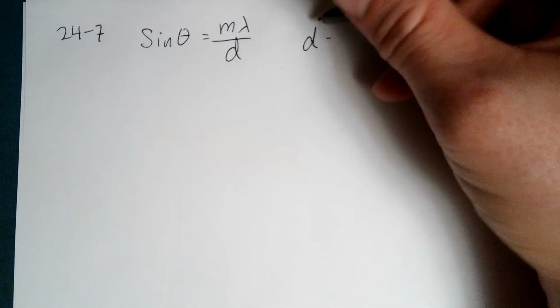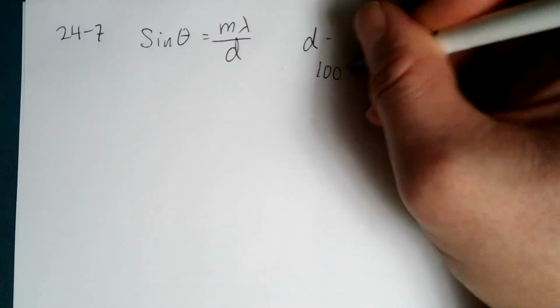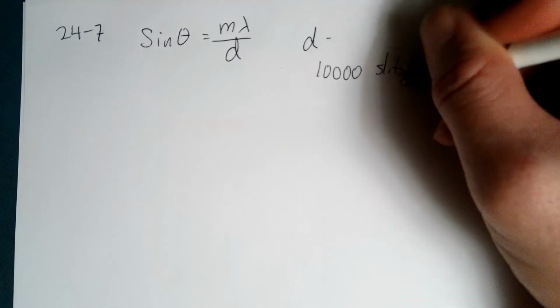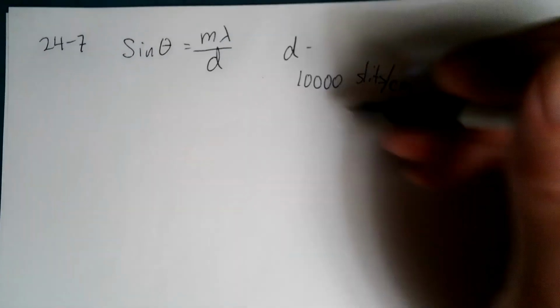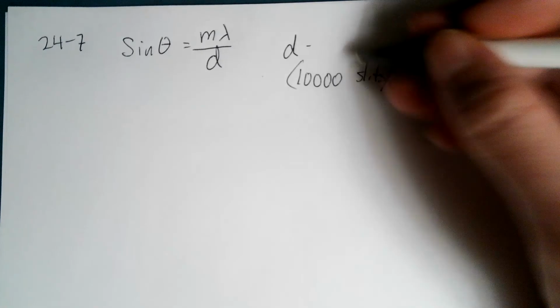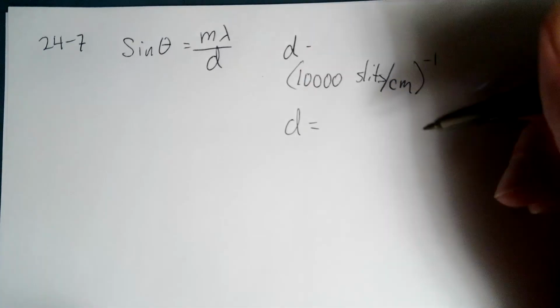This is still just a distance, but for this problem we have 10,000 slits or lines per centimeter, but we need centimeters per slit or line. To do that you take the inverse, so take 1 over, so d, and this will be in centimeters.